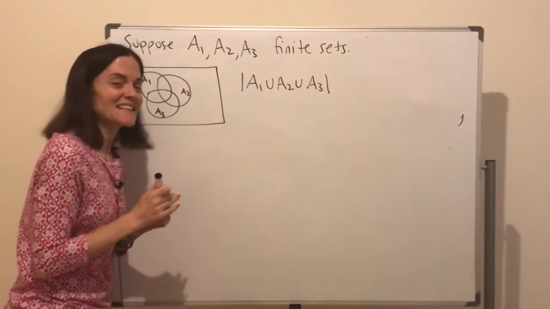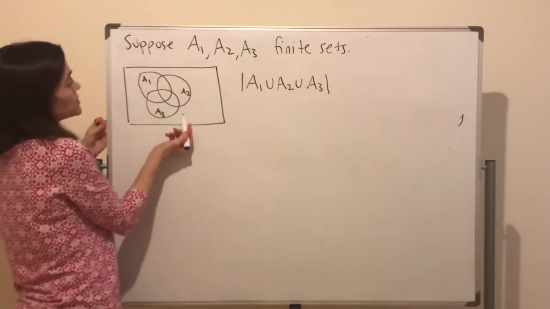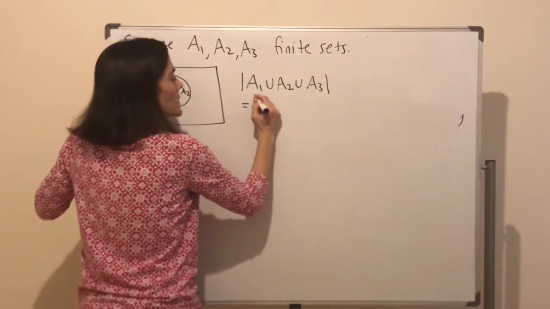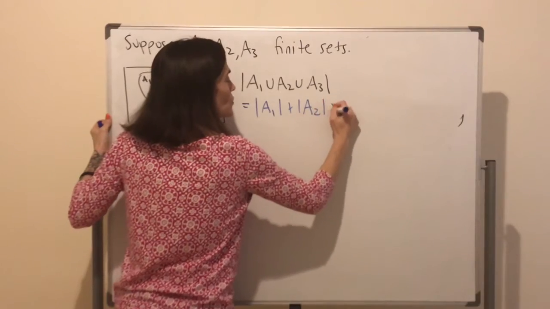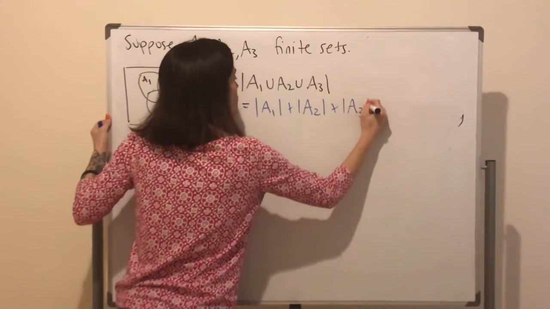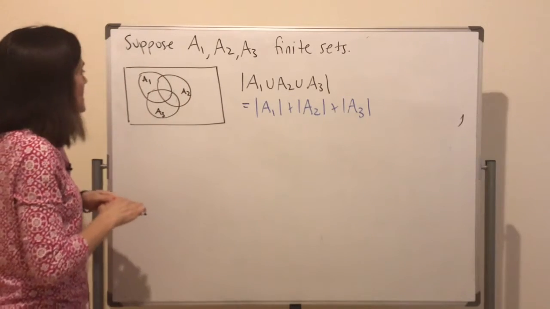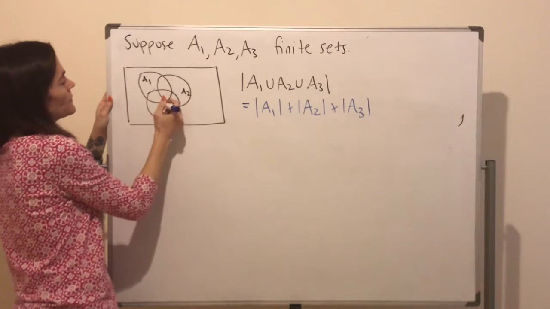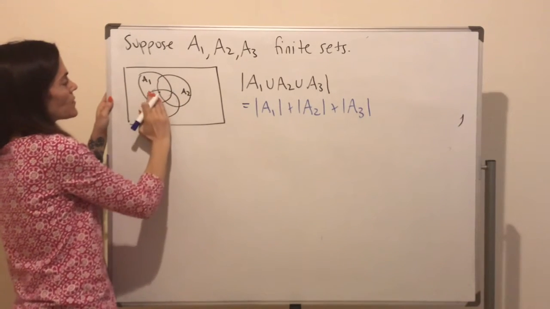So let's see what this is with 3 sets. Well, the first thing I would do, you see I would add up everything in A1, A2, and A3. So I have cardinality of A1 plus cardinality of A2 plus cardinality of A3. And just like when we had only 2 sets, now what's happened is I've added A1, added A2, added A3.